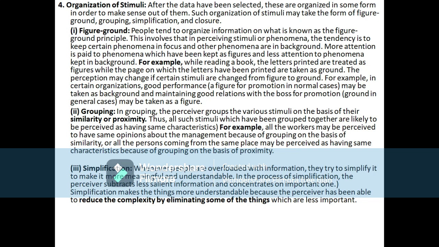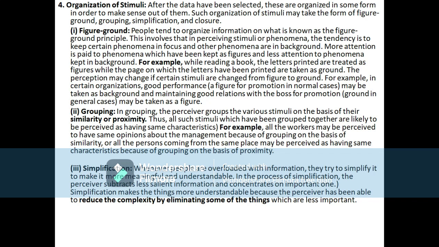For example, in organizations, good performance may be taken as background, and maintaining good relations with the boss for promotion may be taken as a figure. That is the focus. Focus is not on performance, focus is on maintaining good relations with the boss.